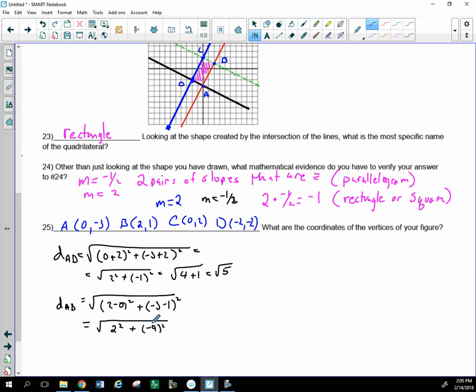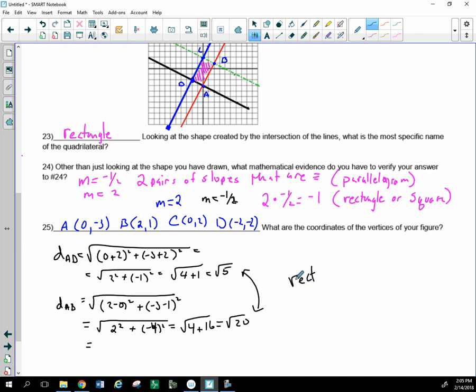For some reason my 4s and 9s in this look the same. If I square 2, I get 4. And if I square negative 4, I get 16. So I get the square root of 20. Since these two consecutive sides are not congruent to one another, this is a rectangle.